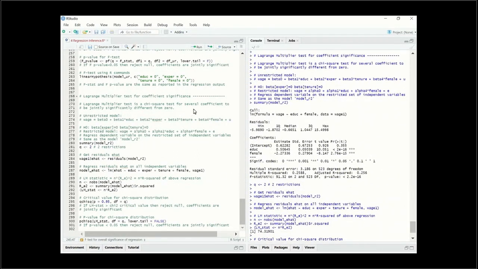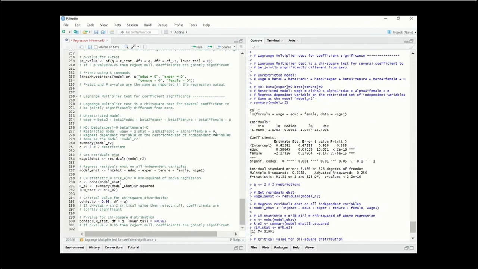The last thing that we're going to do here is talk about the Lagrange multiplier for coefficient significance. This is not as commonly used as the F test, but we can use it. This is a chi-square test for several coefficients to be jointly significantly different from 0. Again, this is the unrestricted model here. If we want to test that these two coefficients are significant, we would be estimating the restricted model here.